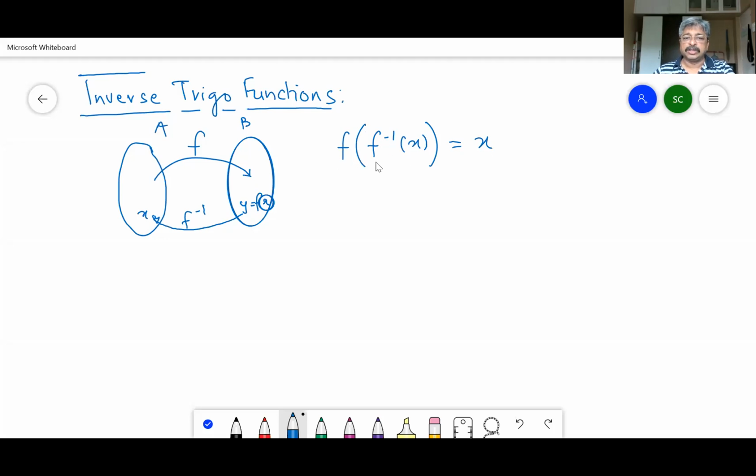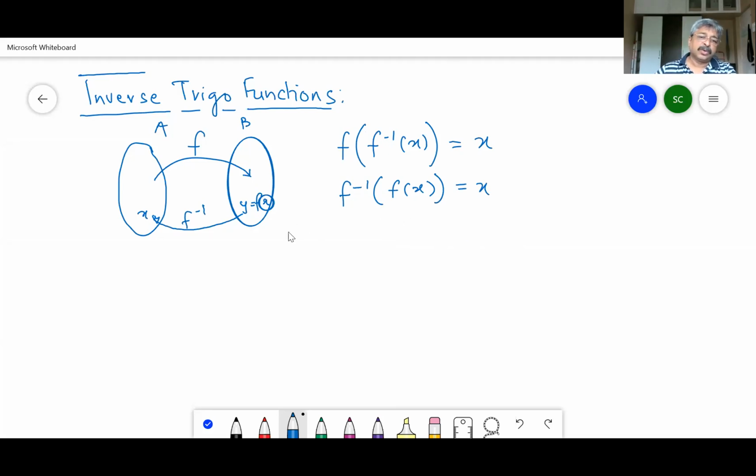This is composition. Either way we should get back to x, and which is the first function and which is second is really not important. Once they are inverses of each other, we should go back to x. That is the expectation out of inverse functions.